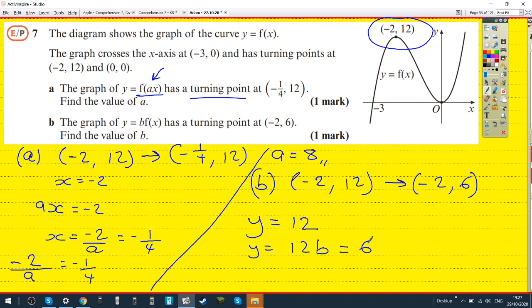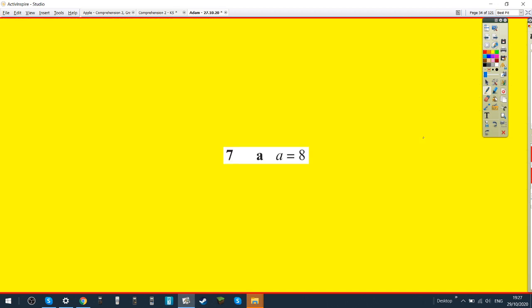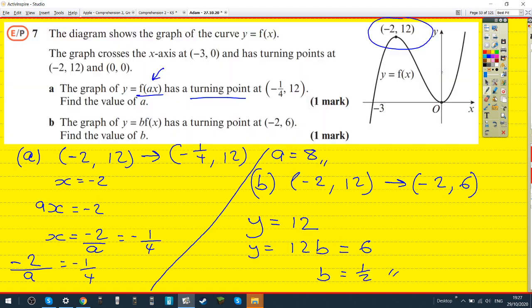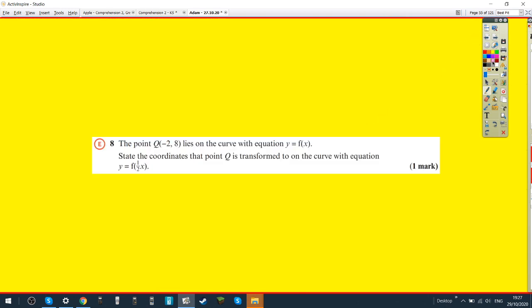So 12 is multiplied by a half, which gives you 6. Yep, b is a half. And so with the x, it's the reverse. With the y, it's the same because they brought it to the other side. So a is 8, b is a half. Any questions with that one? No. So these are tricky just in general.